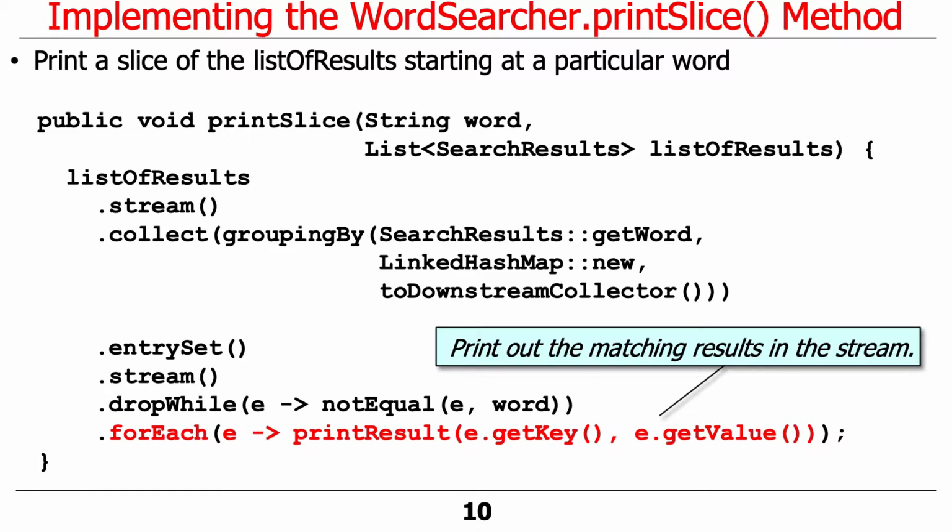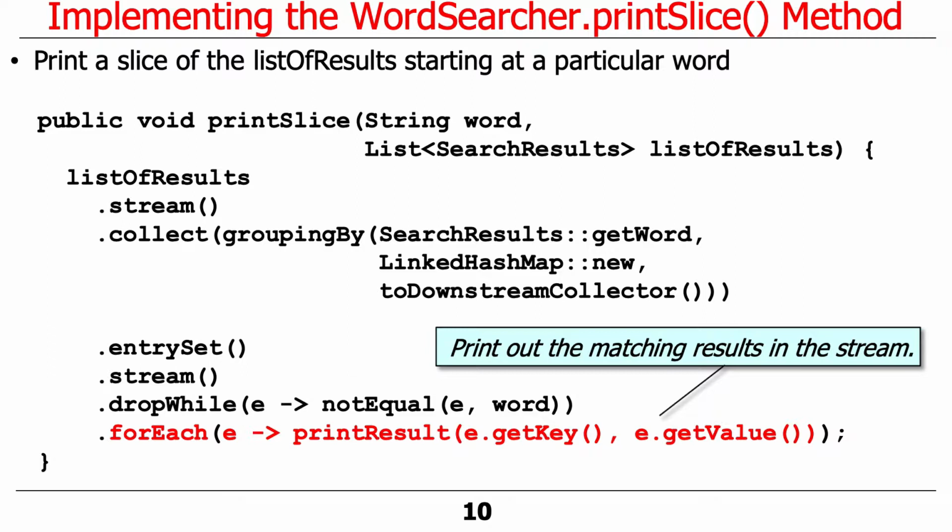With dropWhile, it kind of says, while the condition is satisfied, in other words, while we don't equal the word we're looking for, ignore it, but keep processing. And as soon as we hit something that matches, then it returns the remainder of the stream, the substream, the slice of the stream, if you will, and stops its processing.